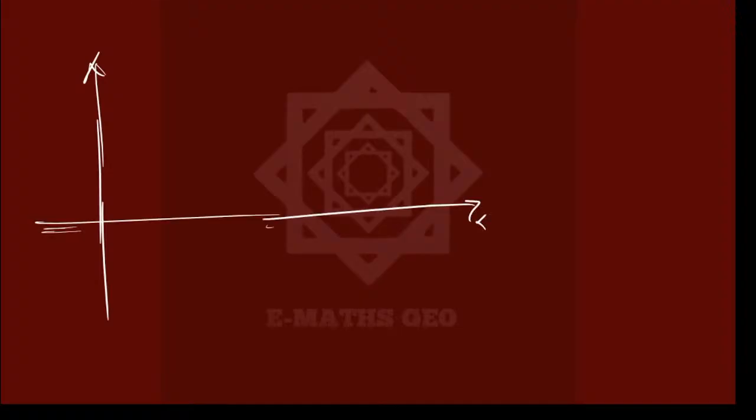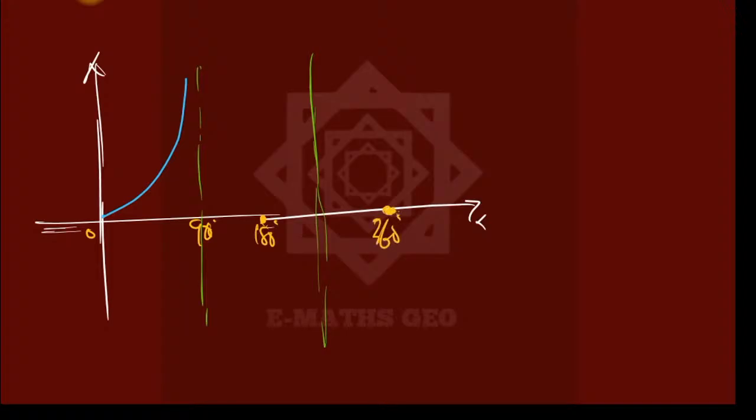So tan is always this. There is a vertical asymptote at 90 and 270. At 0, it is 0. 180 is also 0. 360 is also 0. 270 is a vertical asymptote. So it will go this way.